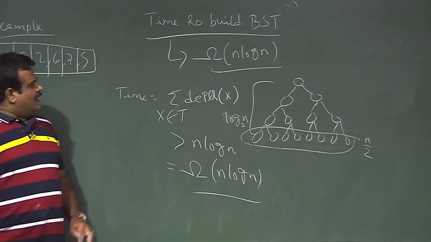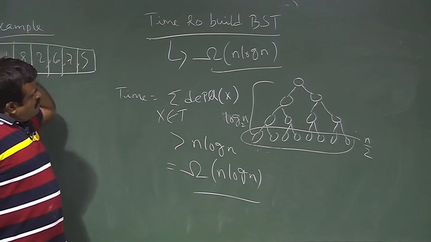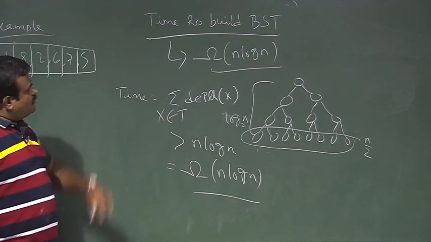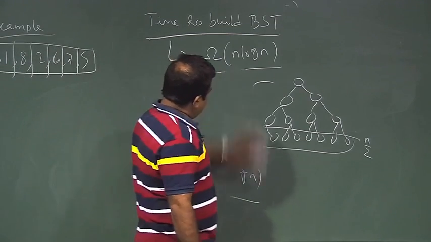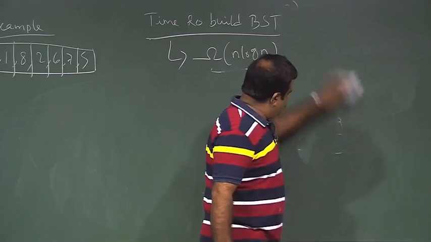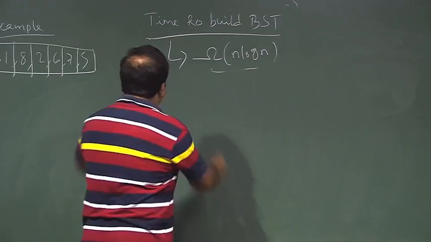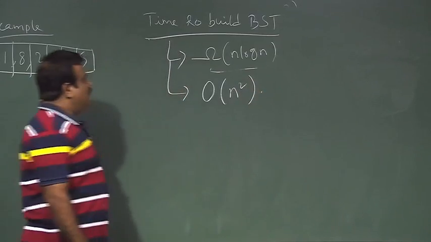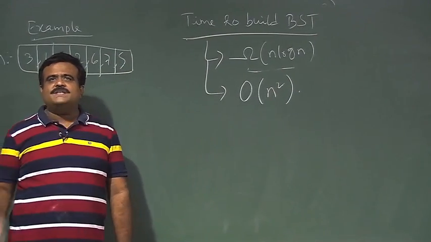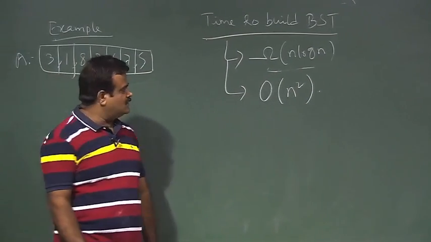And for any upper bound, any big O, we have to think. This is the best case. Now, can we say this is big O of n square? When is the worst case of this scenario?